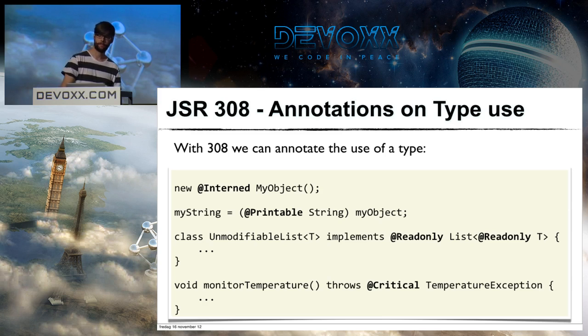That might be useful. Or you may annotate that you're implementing a read-only list of read-only T's. And the last one, that your exception is critical. Although that might perhaps be better expressed some other way, but you can anyway.